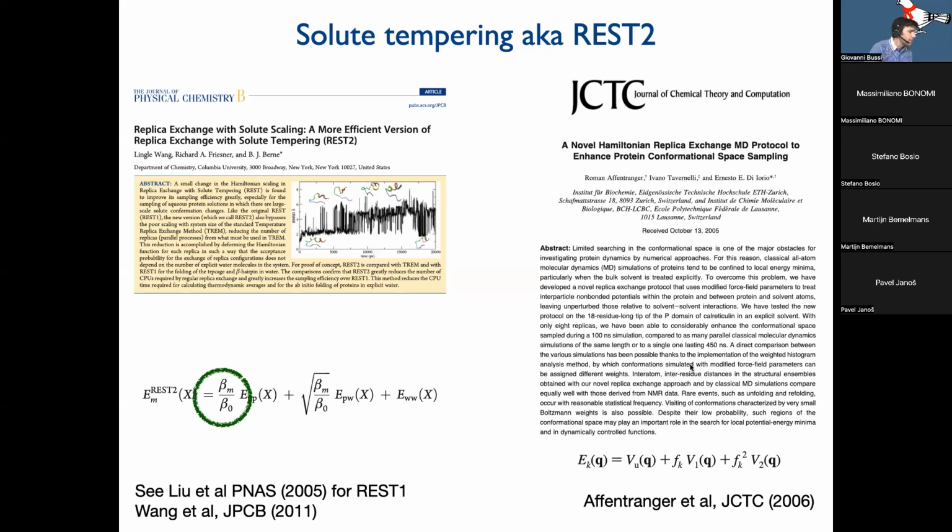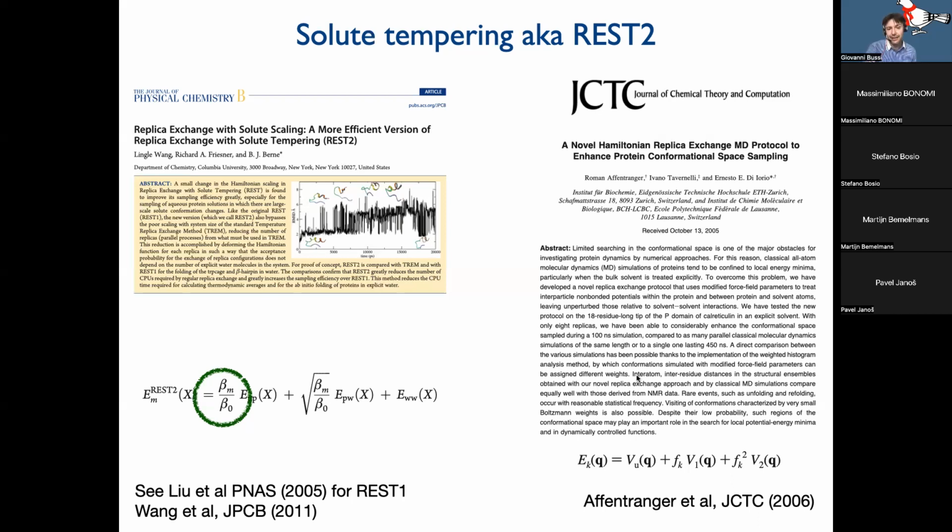I also want to point you to this paper, from 2006, which is super nice and very important, where they propose something very similar: you split the potential energy function in 3 portions, and one of them is scaled with a factor fk squared, another with a factor fk. You see, it's the same as here, basically, where fk squared is equal to this ratio.